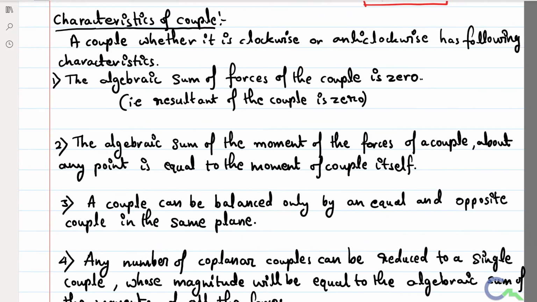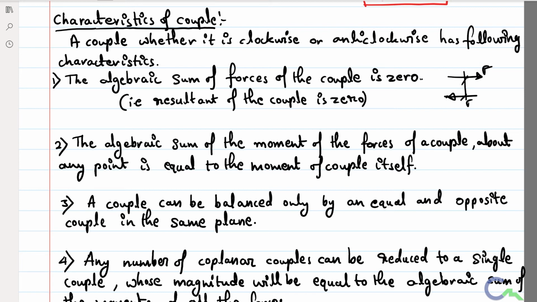The next concept I am going to explain is the characteristics of a couple, whether the couple is clockwise or anti-clockwise. The first characteristic: the algebraic sum of the forces of the couple is 0. The definition itself says that two forces equal in magnitude and opposite in direction, acting at a certain distance, constitute a couple.